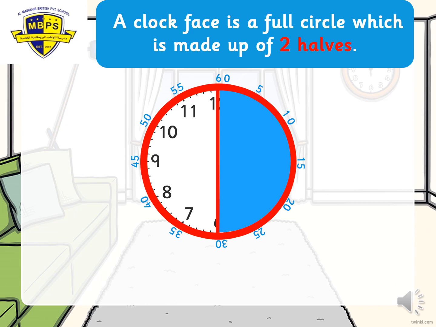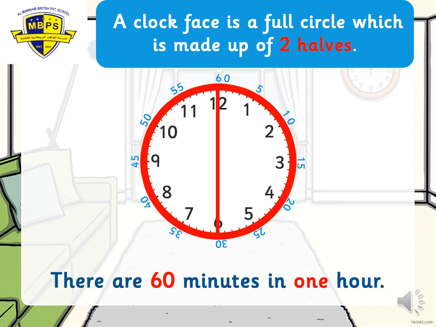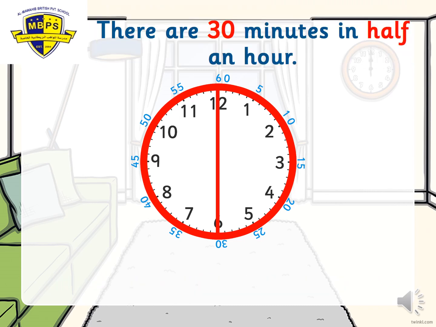Very good, 60 minutes, which means 1 hour. In 1 hour, there are 60 minutes. But if I shade only half, there are 30 minutes in half an hour.